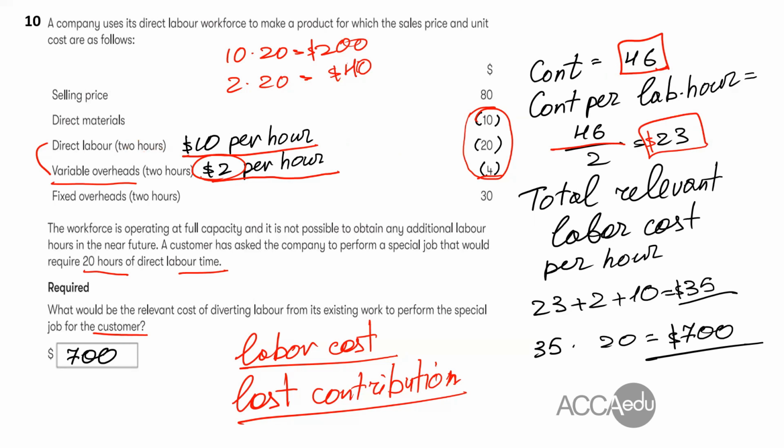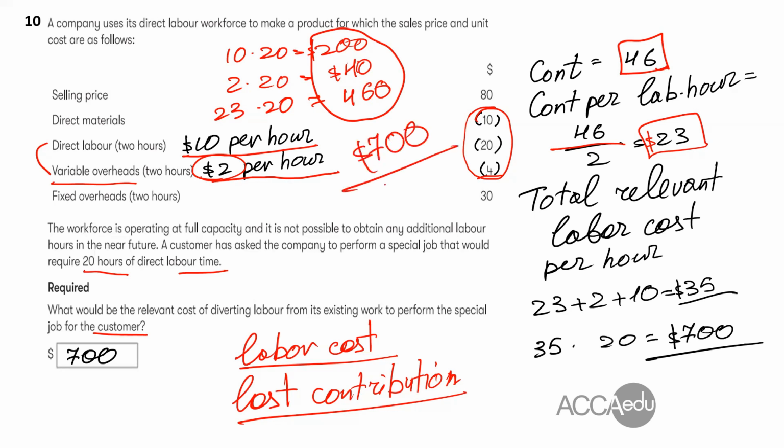So for 20 hours at $23 per hour, we're losing $460. Adding the $240 labor cost gives $700. That's going to be the direct relevant cost for labor.